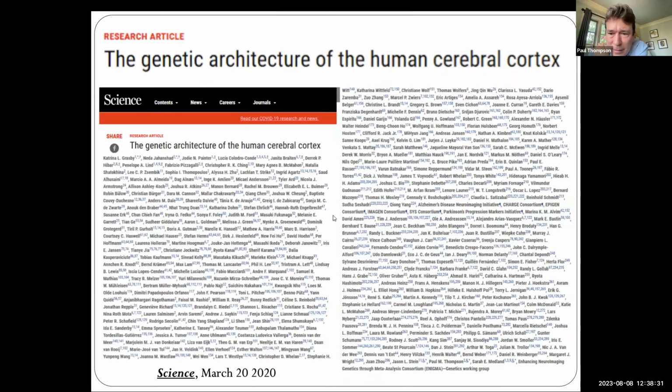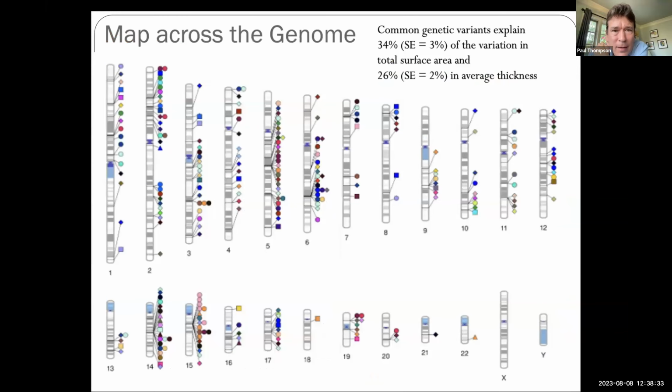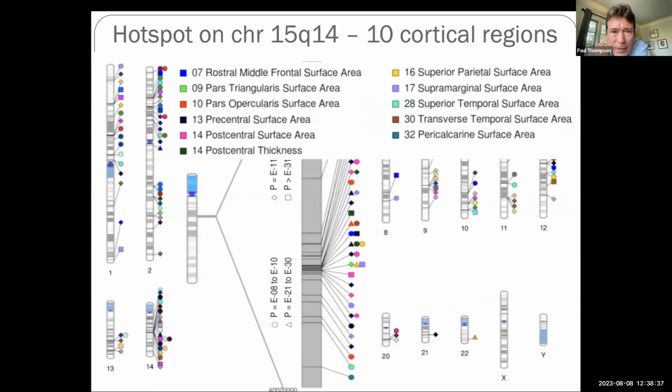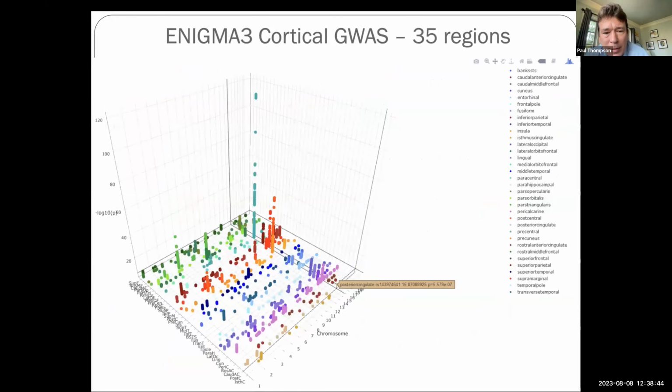And here's the extraordinary paper about this. Here are all the loci that affect anything measured in the cortex, and you see if there are any clusters. There are not particularly any clusters in the genome. Here's a 3D Manhattan plot where the brain traits are arrayed along one axis, and the usual genomic axis is shown, and the p-values are there.